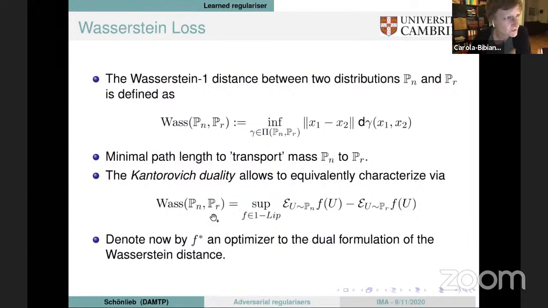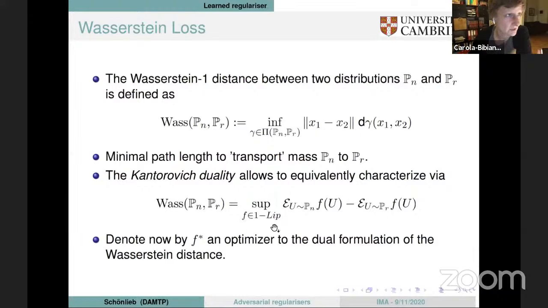So how do we do this? How do we train this regularizer? What is the criterion for optimizing the regularizer? And this is in our case the Wasserstein distance, okay? So to do exactly what I said before, we are looking for a regularizer. So F, the maximizer of this, will be my regularizer, F star.